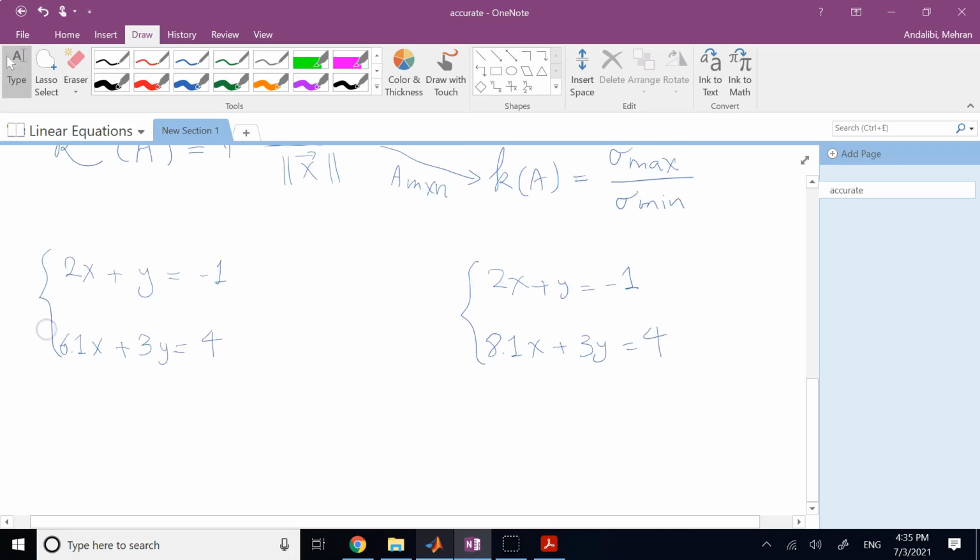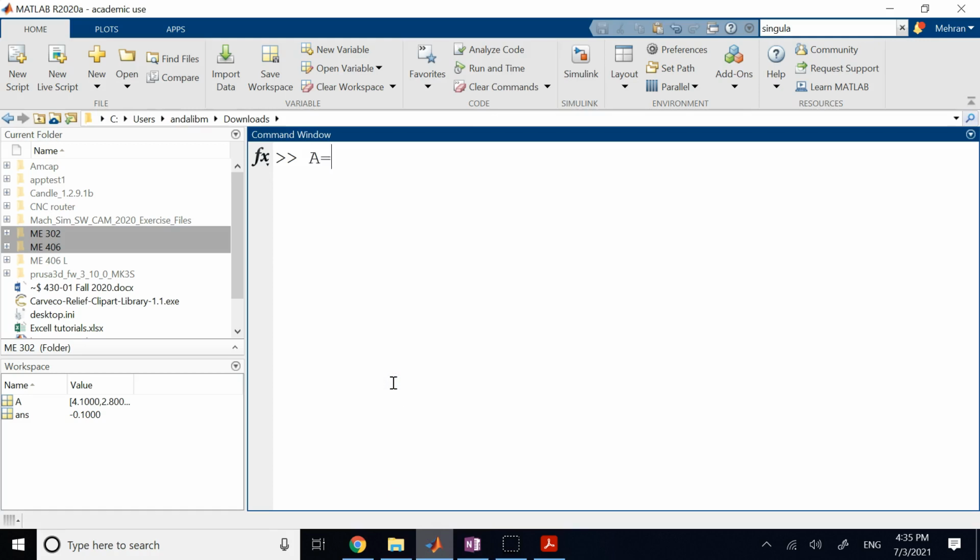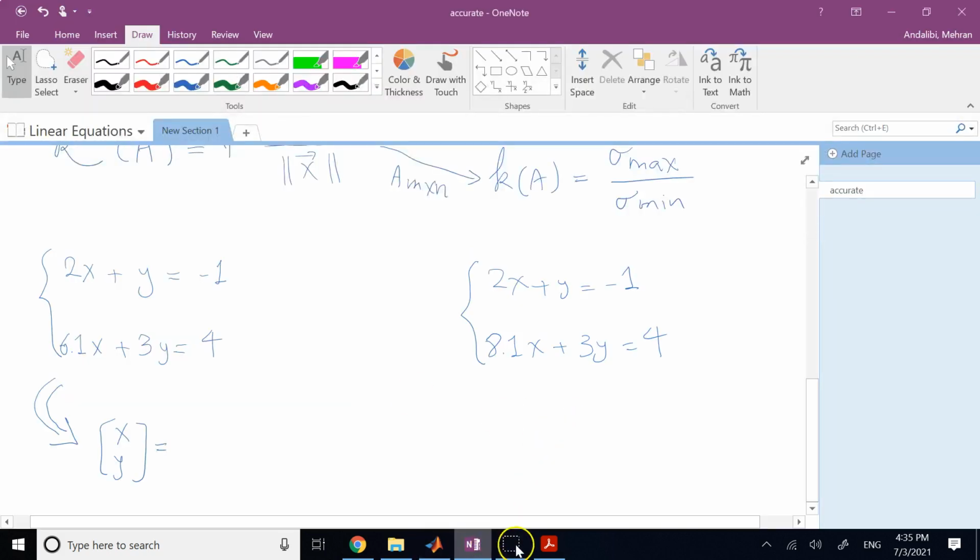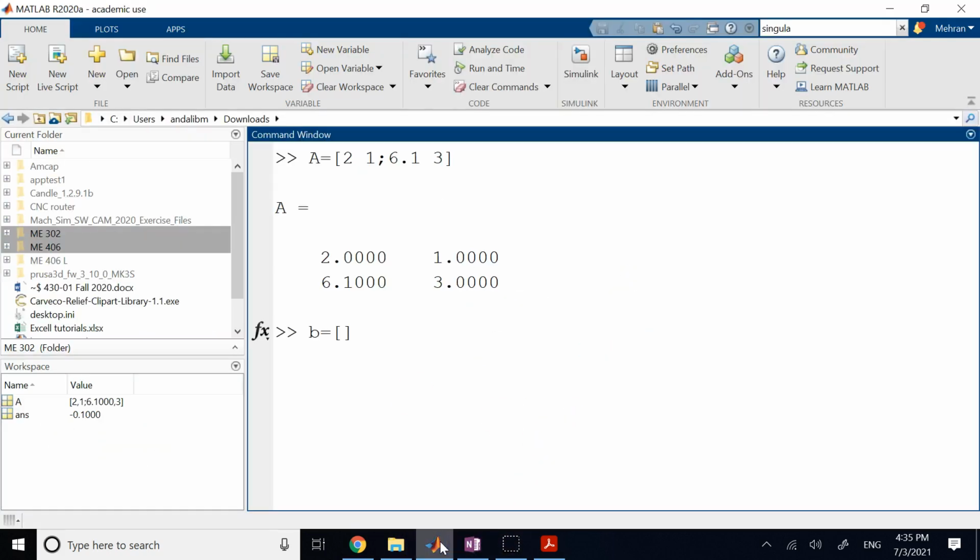Now I'll try to look at the solution here. So what's the solution? Clearly, if I solve for x and y, let me do that. The matrix A is 2, 1, 6.1, and 3, and then b is -1 and 4.